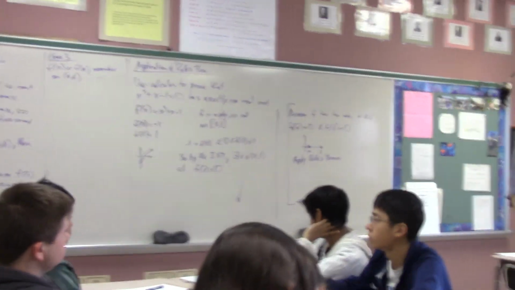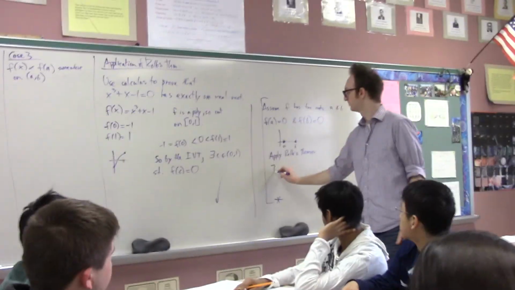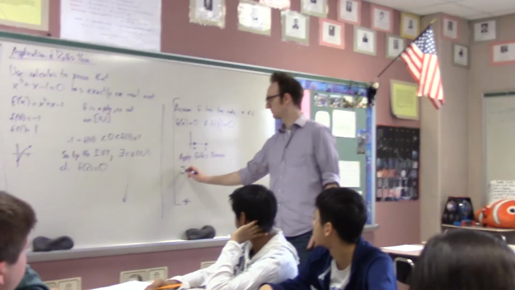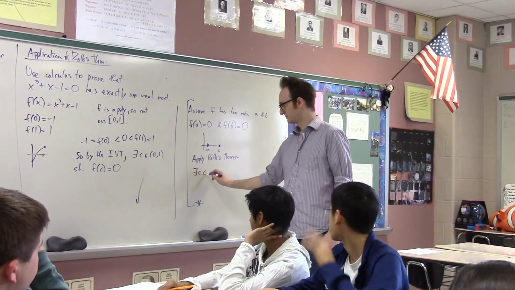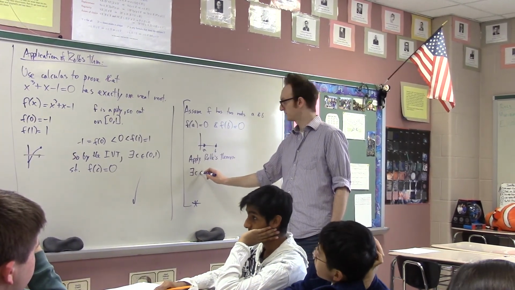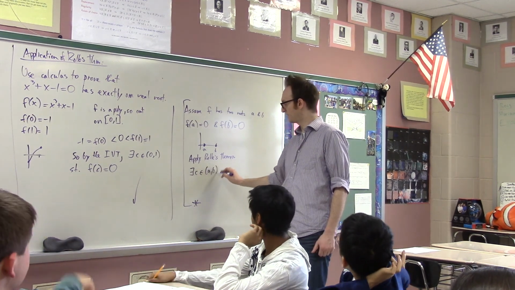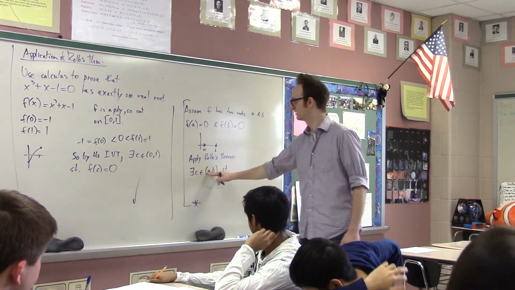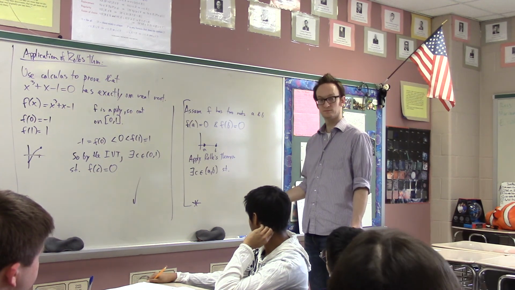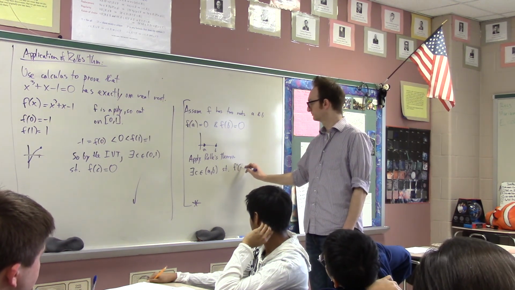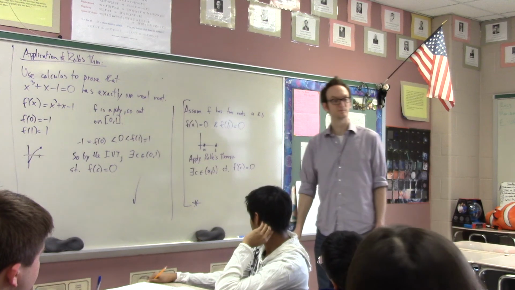What does Rolle's theorem say? There's a place where the derivative is 0. There exists a point c on the interval (a, b) such that f prime of c is 0. Okay.